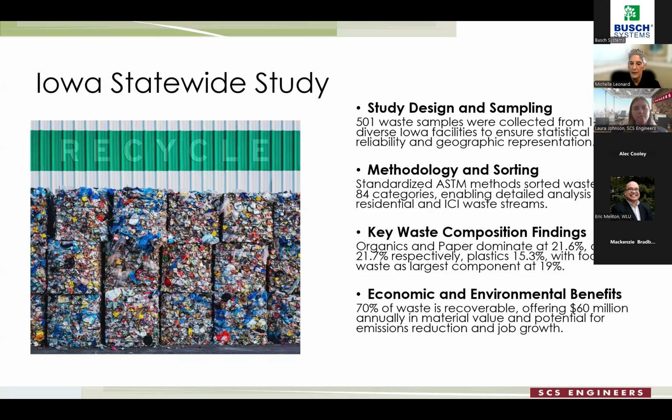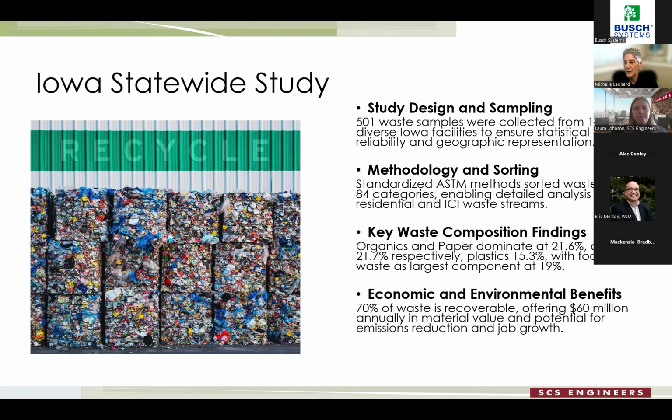The most recent study that we did in Iowa in 2022 included a little over 500 samples, and we went to a wide range of facilities in Iowa to gather that information, including landfills and transfer stations. We used the standard ASTM method, which again includes 200-pound samples typically, and we sorted that into 84 different categories.